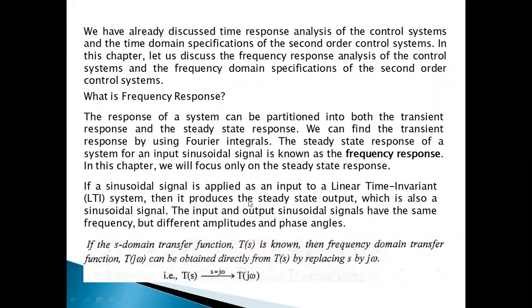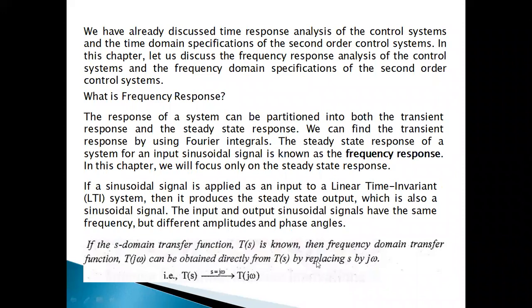How to get the sinusoidal transfer function? For example, T of S is a transfer function in S domain, simply substitute S equal to j omega. T of j omega becomes the sinusoidal transfer function.